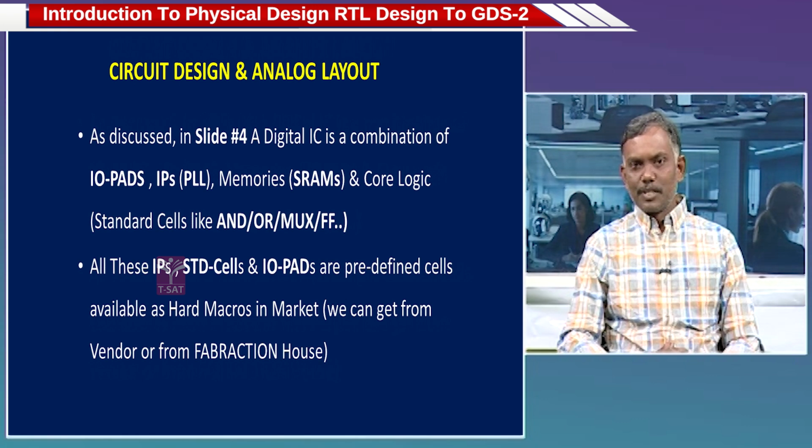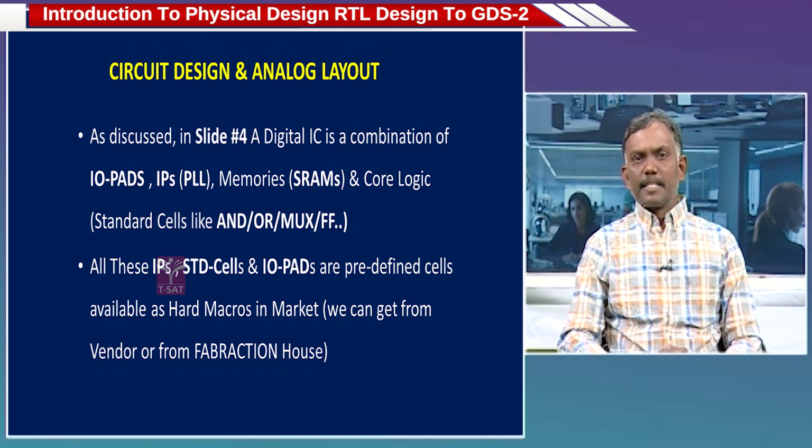Before going to the next stage, let me talk about the role of the analog team, analog design and analog layout. If you recollect slide number 4, we discussed the different components of an IC: I/O pads, IPs, SRAMs, standard cells. All these are predefined cells available in the market for a particular technology node. All these IPs and standard cells will be prepared by our analog team for a particular technology.